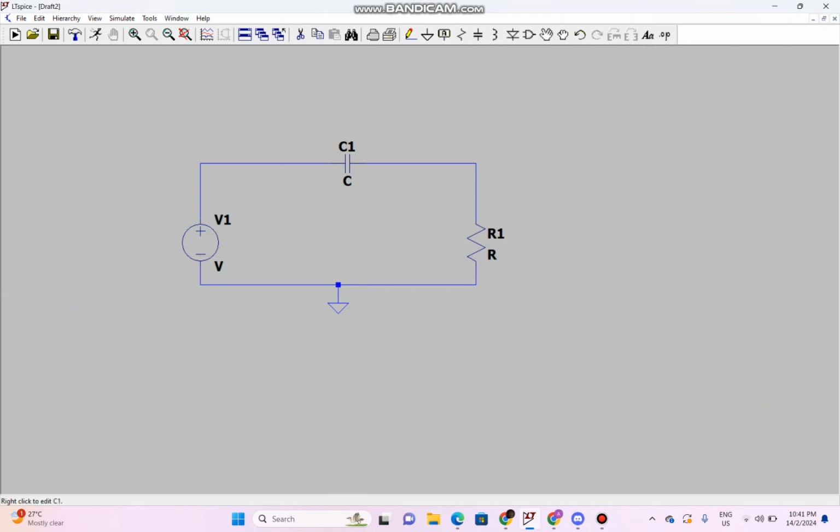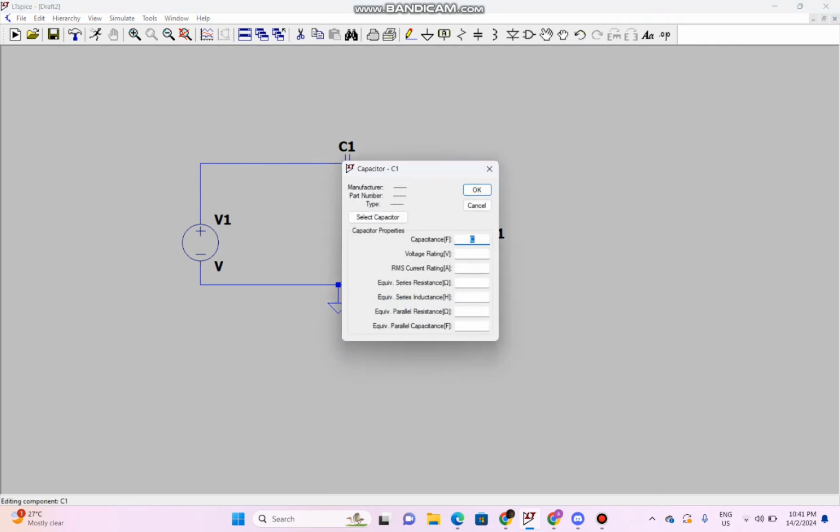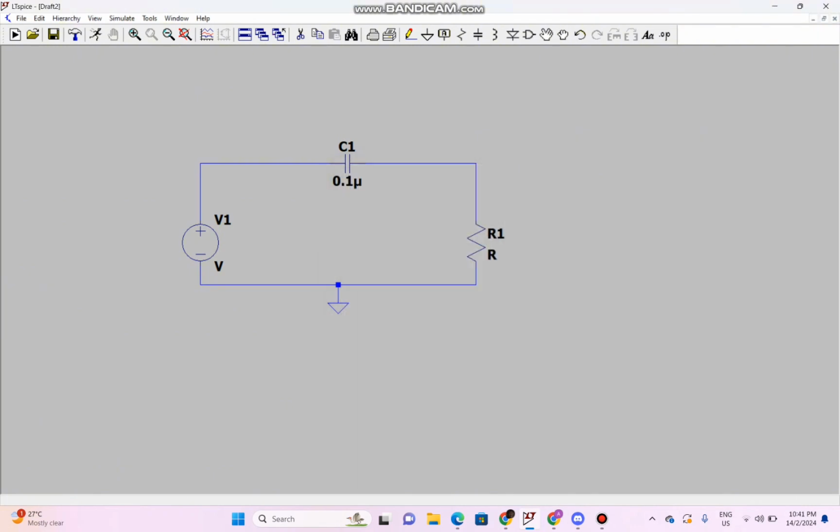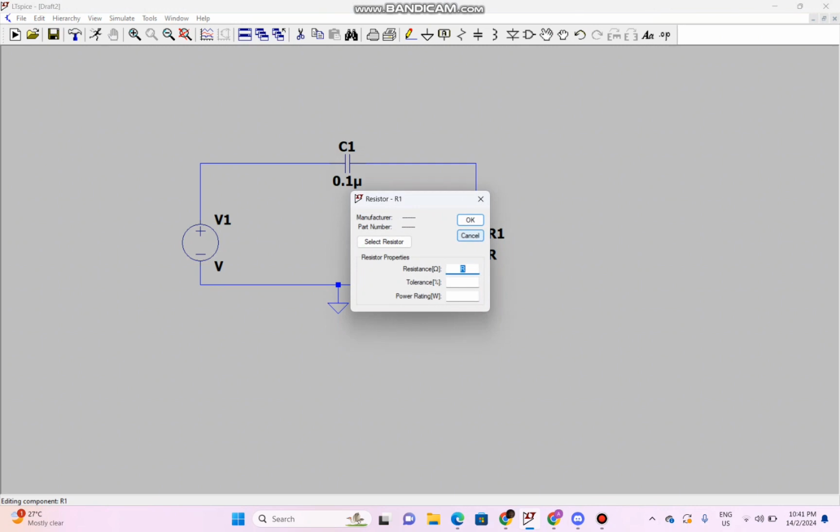Then we sub in the value for capacitance. Capacitance is 0.1 microfarad. The resistor is 149.2 kilo ohm.